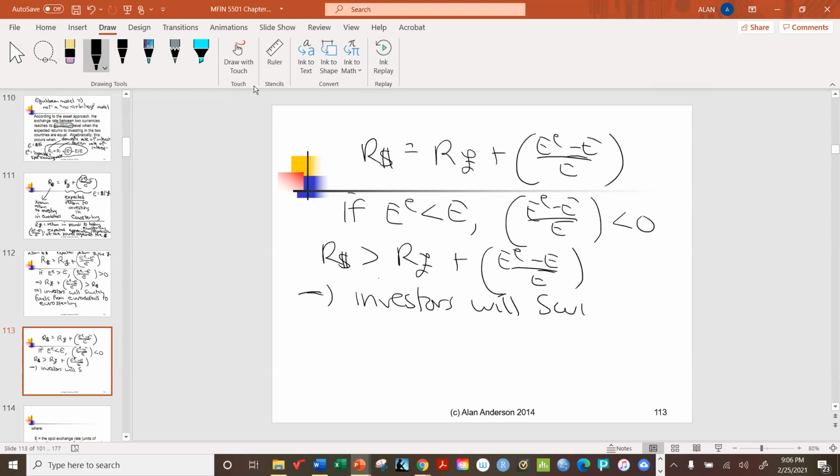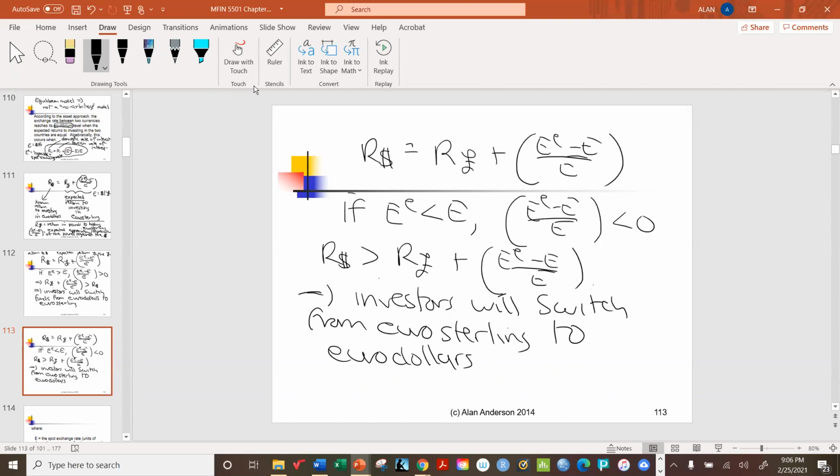They'll switch from euro sterling to euro dollars until the exchange rates adjust and the two sides are once again equal to each other.